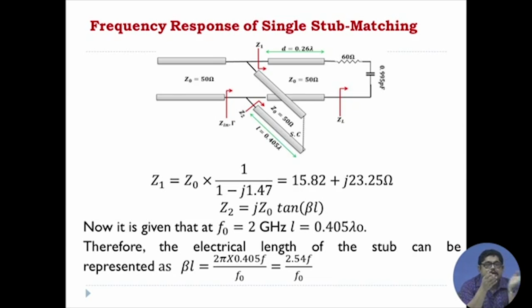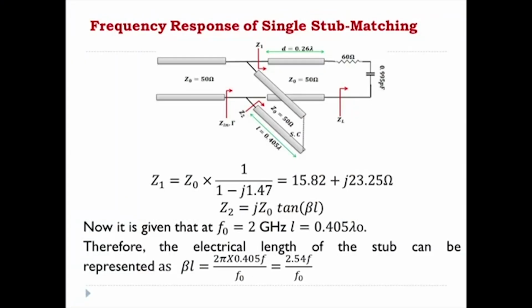Say 2 gigahertz in this case; if the design is done at 2 gigahertz, lambda is 15 centimeter. So all our lambda naught is 15 centimeter. When we say that d is equal to 0.26 lambda, our length is actually 0.26 into 15 centimeter. But at other frequencies, it is not 0.26 lambda, it is something else.